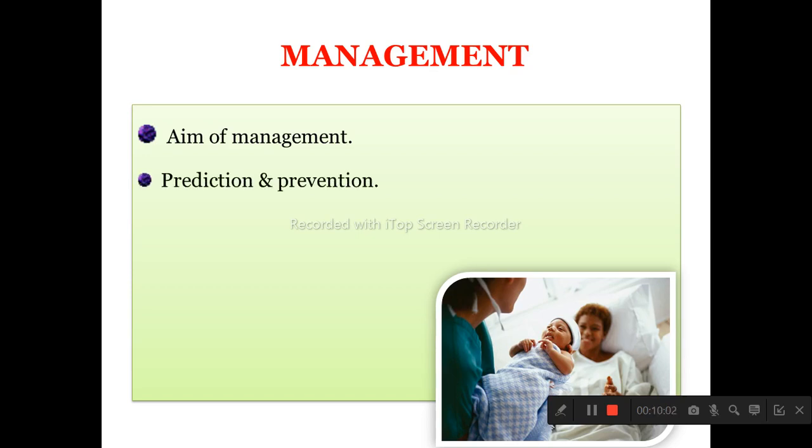Early identification and prevention of eclampsia is the best policy; by early detection and prevention we can prevent major complications, life threatening things, pregnancy losses, or any serious damage to the mother. So early prediction and prevention is the best policy for the management.